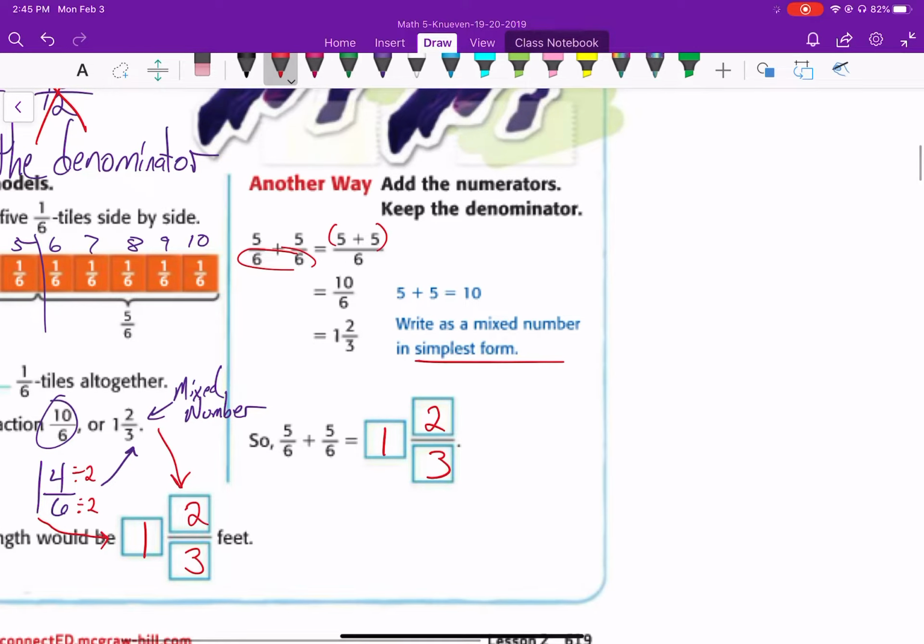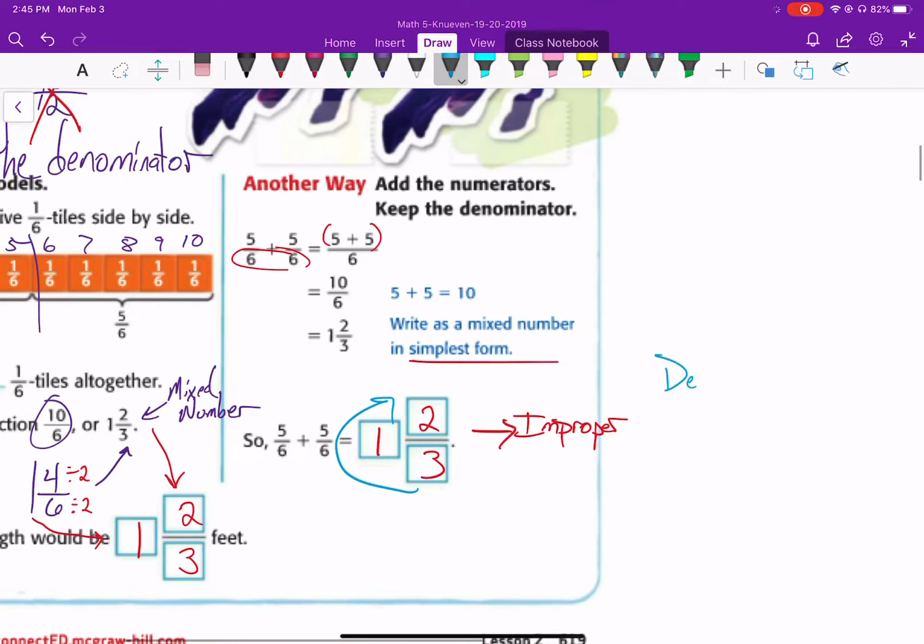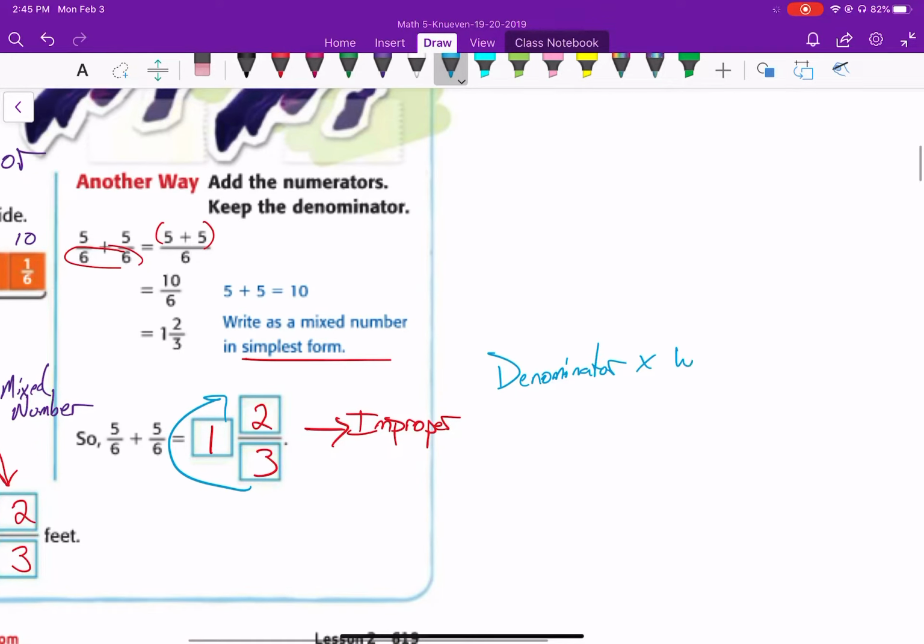And as a quick recap, if I wanted to take this and turn it back to an improper fraction, I would go around the horn, as I've said before, right? I'm going to take my denominator, and I'm going to multiply it by the whole number.